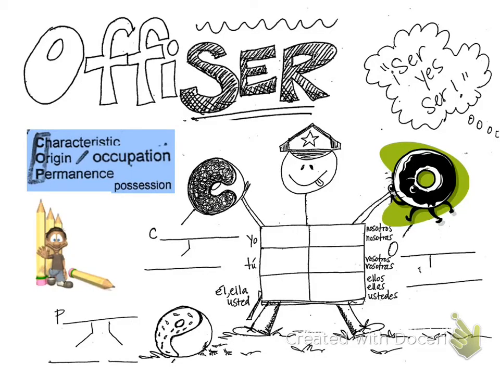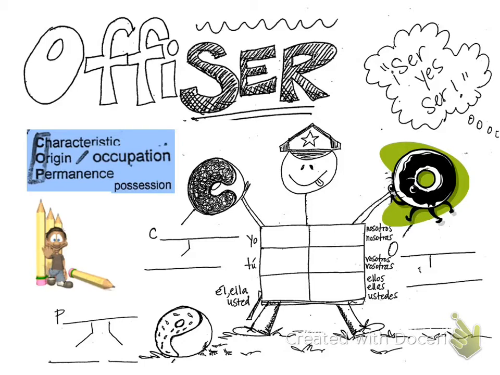Okay. Here's one that I like to use better than that acronym. COP, cop, offer ser. Get it? Okay, good. So, C for characteristic, O for origin or occupation, whichever one, P for permanence or possession. So things that are more permanent, although you can't always use permanent as a reason, always think back to a more specific reason.